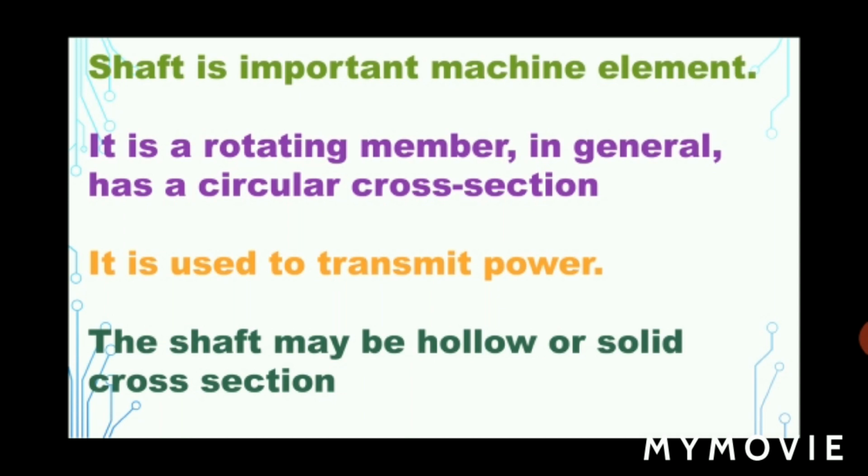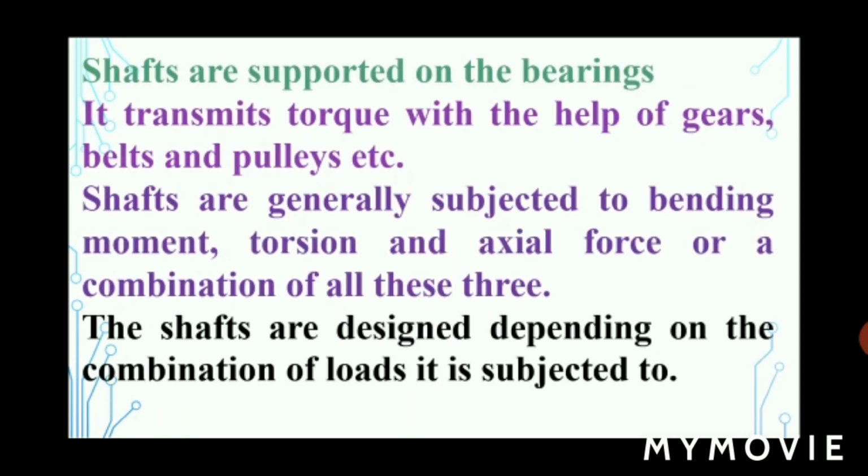Okay, fine, very good. Now move on to the next one: where you are using the shafts. Normally these shafts are supported on bearings, and they also transmit the torque. I told you that a shaft is used for transmitting torque or power. Generally, when it is mounted on bearings, it can transmit the torque with the help of gears, belts and pulleys.